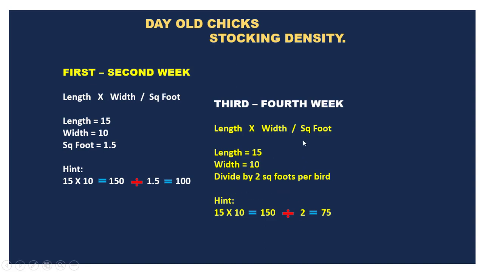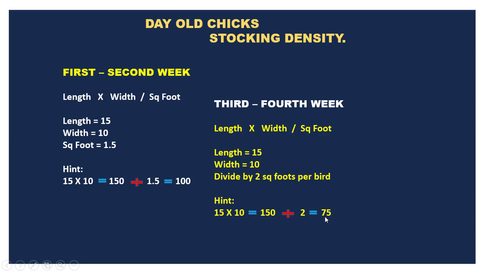After 2 weeks, you open everywhere for free ventilation for them to be able to get good ventilation. So in that space, you are going to put only 75 birds. You are not going to buy up to 100.